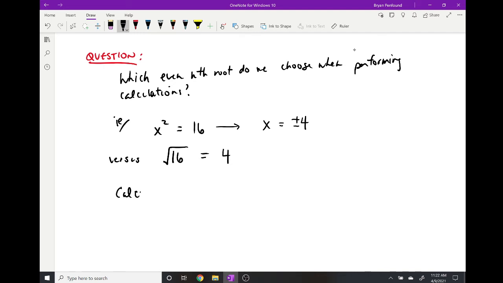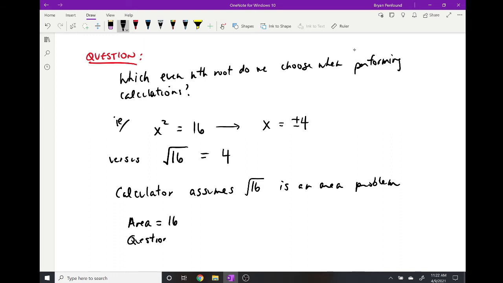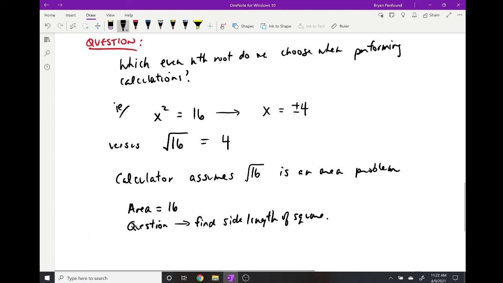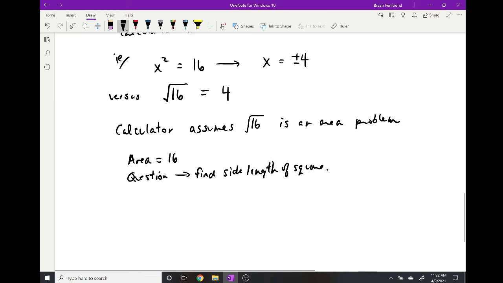So let's just write that down. Okay, so this is a square root.